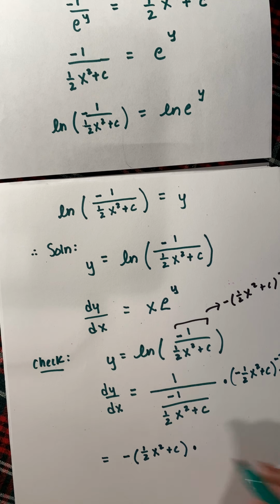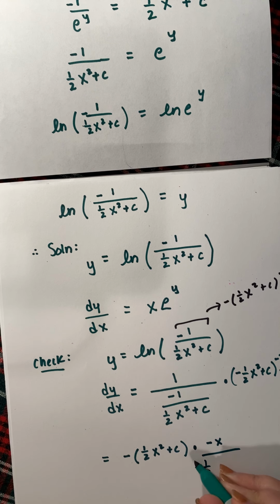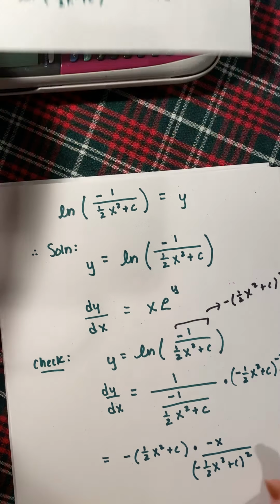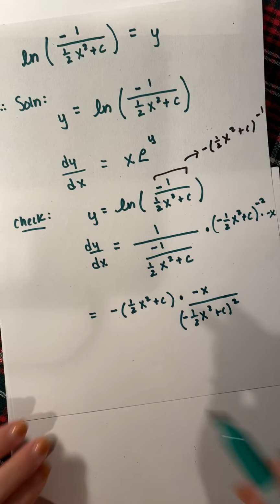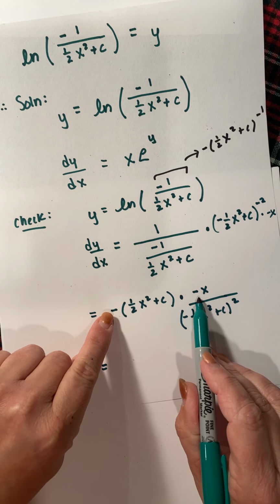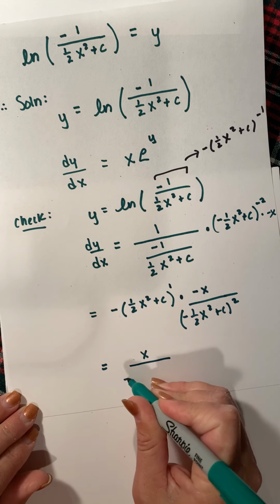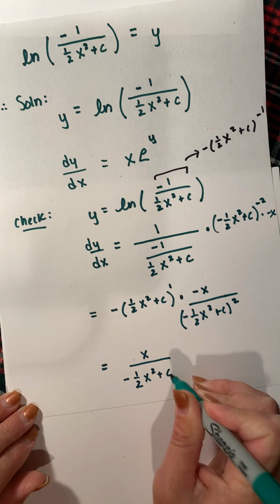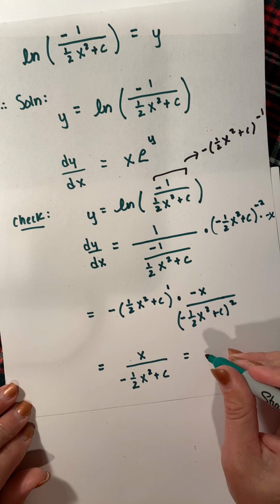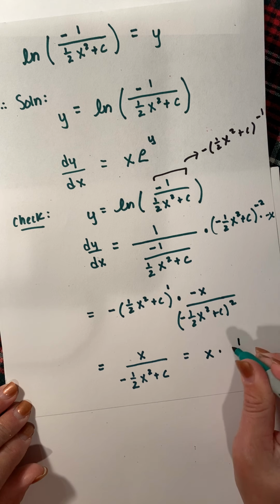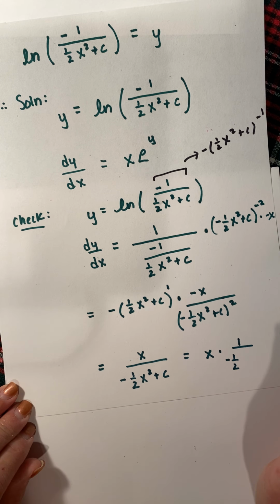This is going to be times negative x all over negative (1/2 x squared plus c) squared. Now notice these two negatives will cancel out, and then I have one of these up here and two of them on the bottom, so this just becomes x over negative (1/2 x squared plus c), which is equal to x times 1 over negative 1/2.